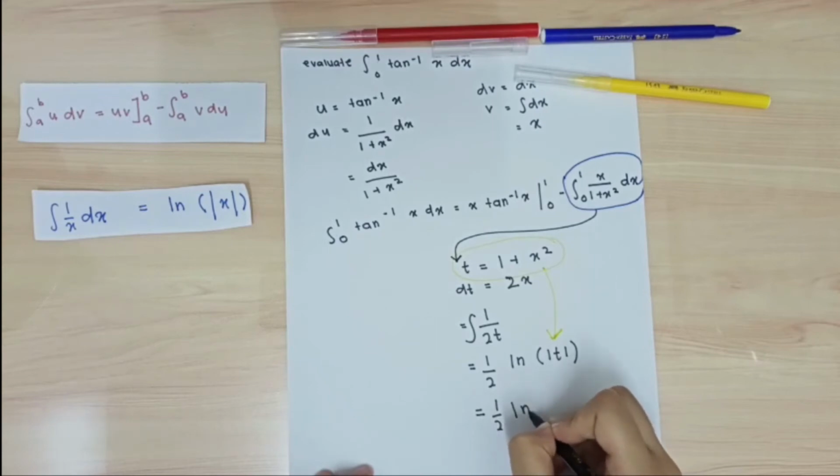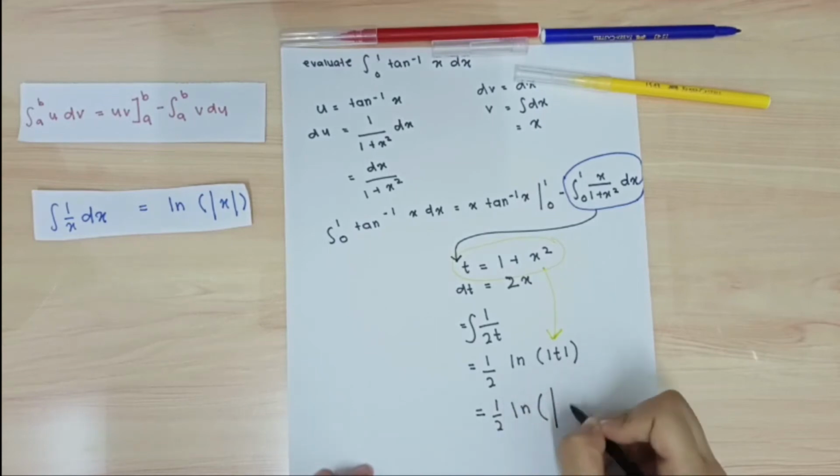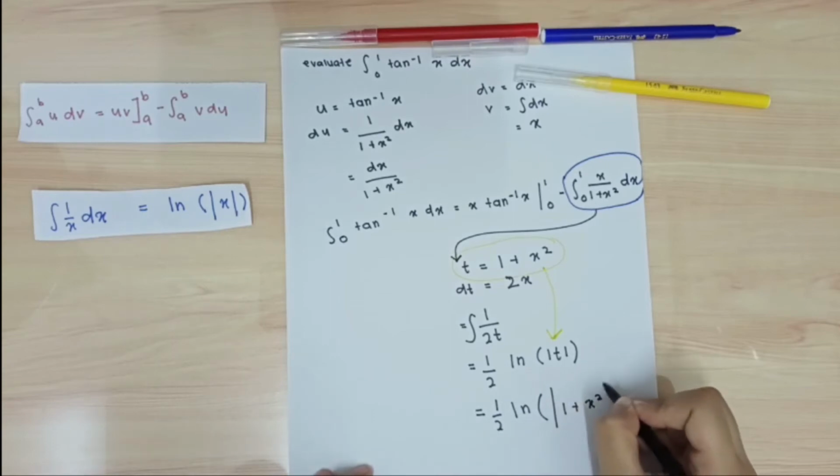Then we will get 1 half ln of absolute value of 1 plus x squared.